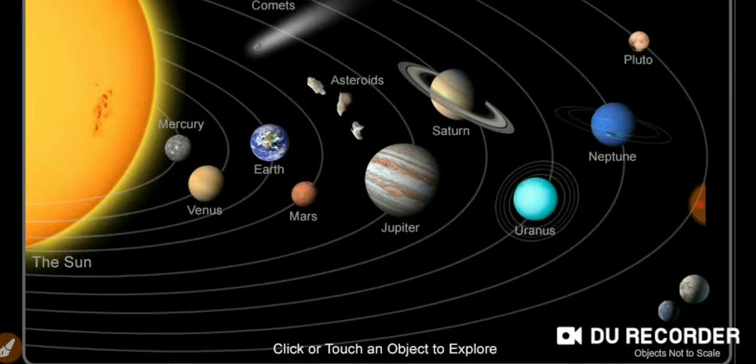Uranus is the third largest planet in our solar system, and it contains the highest amount of methane. And the next planet is Neptune. Neptune is also called the green planet, and it is the last planet in our whole solar system.